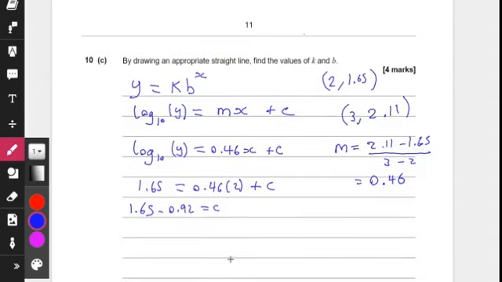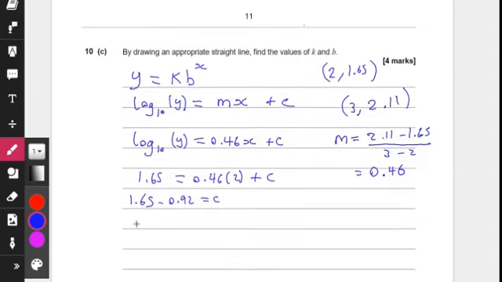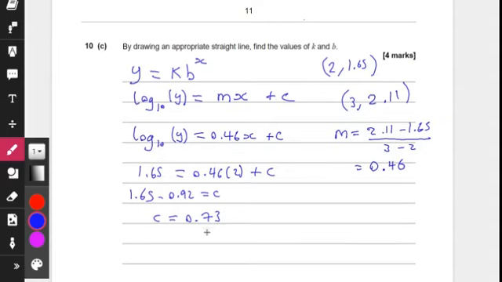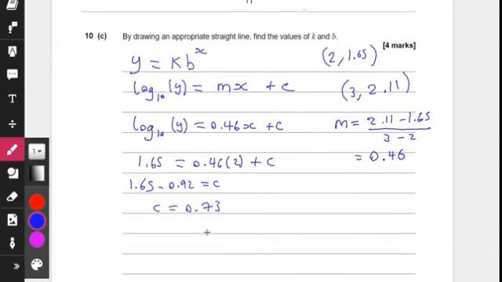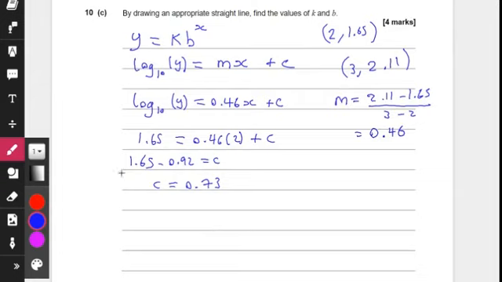That gives us what? 0.73. Is that right? Yeah. Okay, thank you.